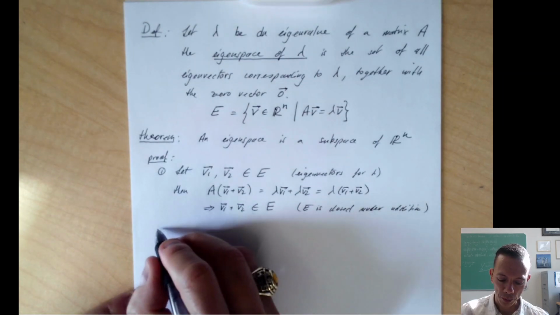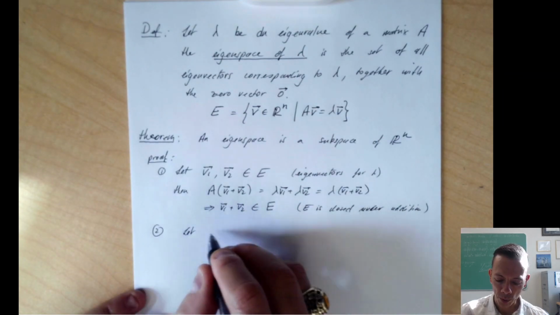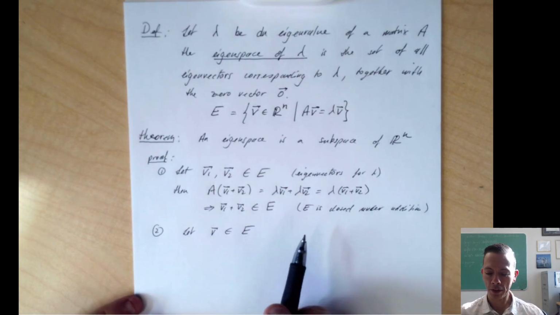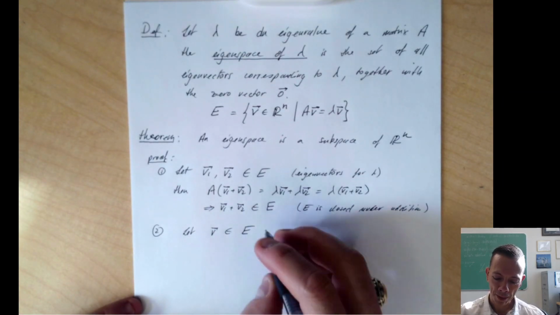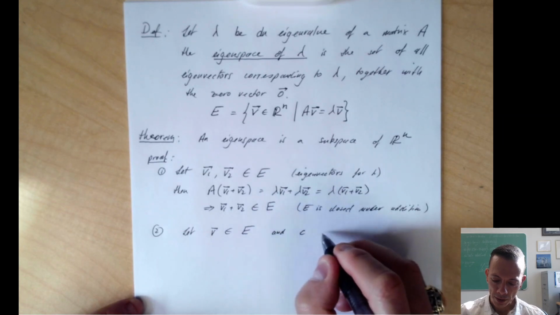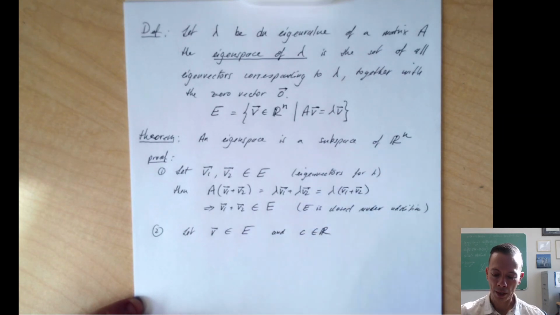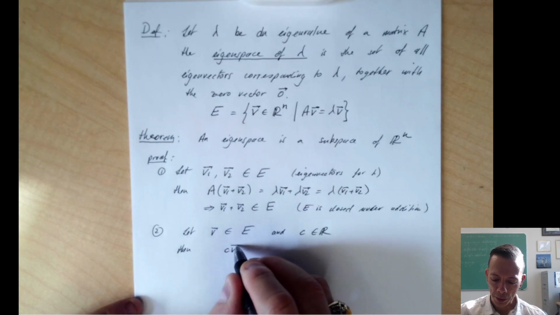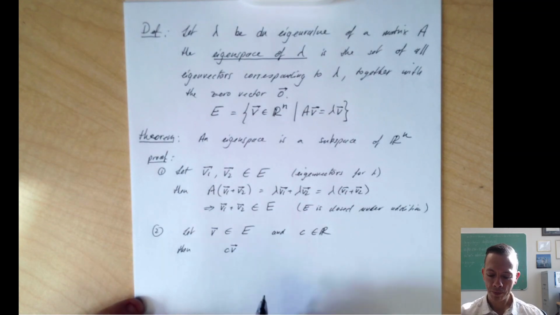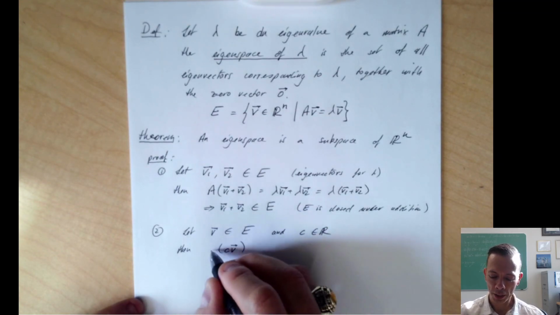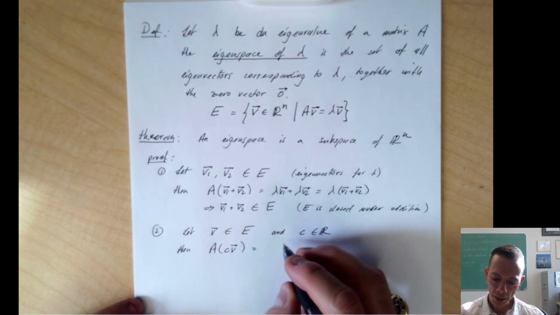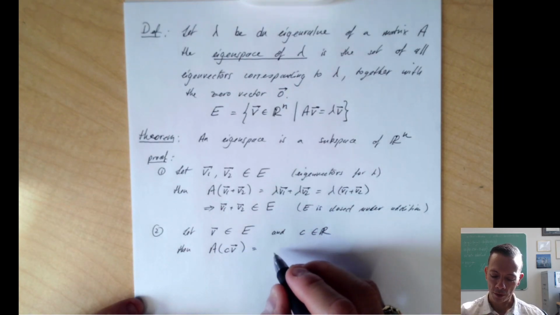The second half of the proof, we'll just take a vector v in E, so an eigenvector corresponding to lambda, and c, an arbitrary scalar. Scalar multiplication c times v. To prove that this is also in E, we again left multiply it by A. We can float out the c.